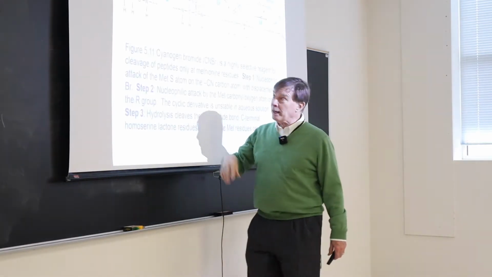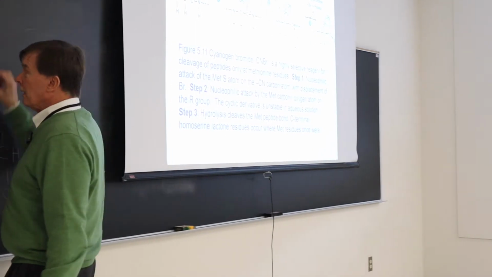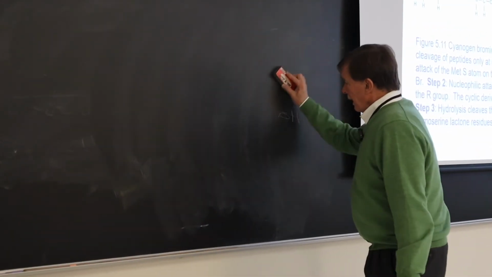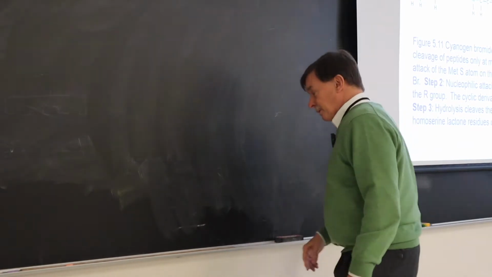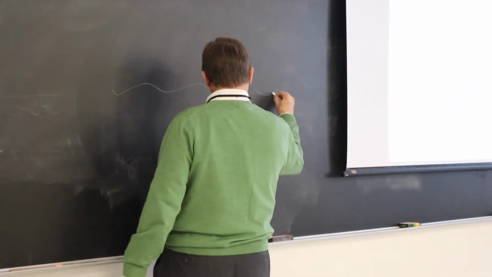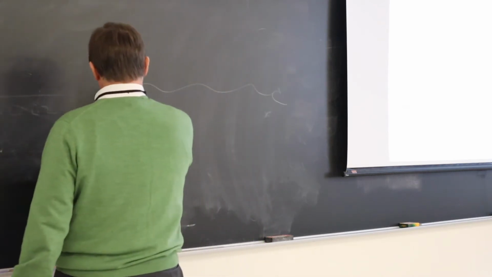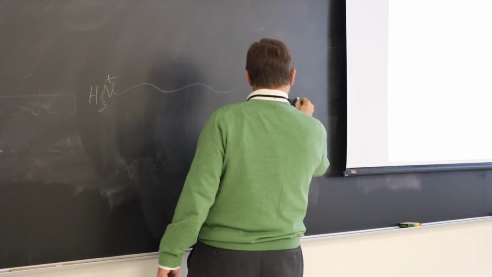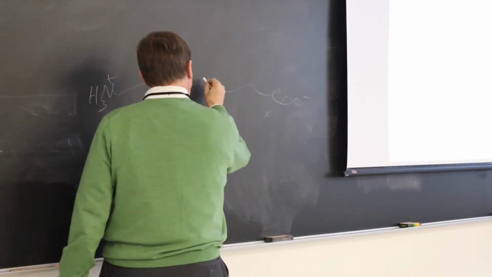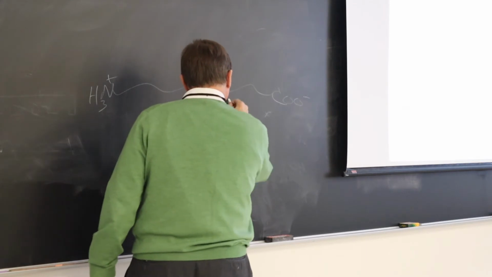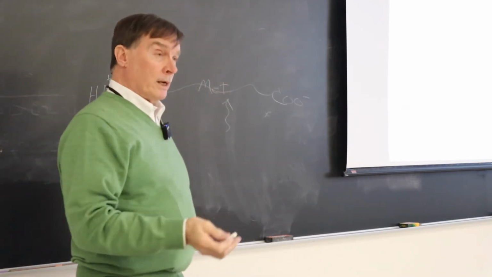Now, let's go back, think about that reaction, and go back to our peptide, and think about a peptide that has something like that in it. So here's our protein, or peptide, whatever. And this is a COO minus. And let's put a methionine in here, okay? And say we get cleavage there, okay? What do you get?